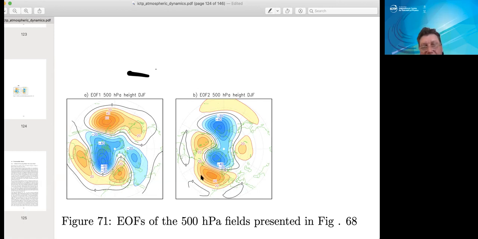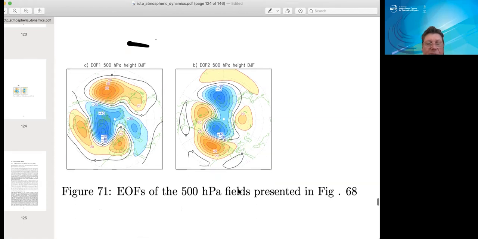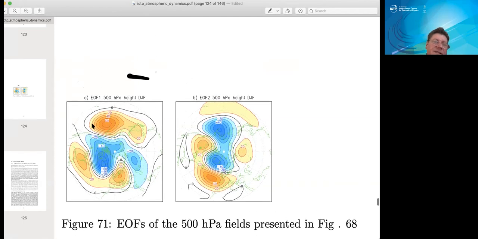And also the second pattern here is a well-known pattern. This is the second EOF. I don't have written here how much variance they explain, but let's say the first explains something more than 30%, and the second maybe more than 20% of the total variance. So these two together may already explain 50% of the variations of the whole data set that we are looking at.